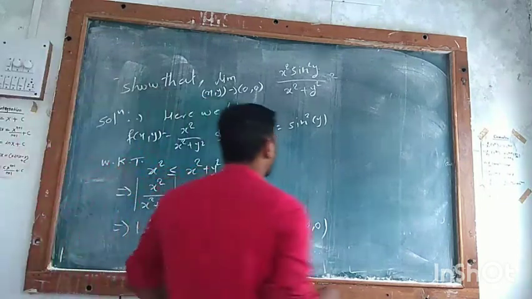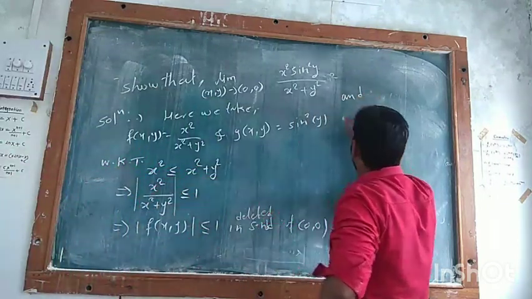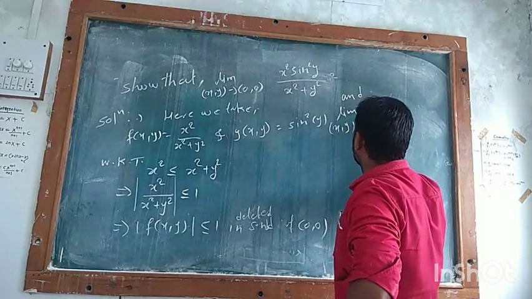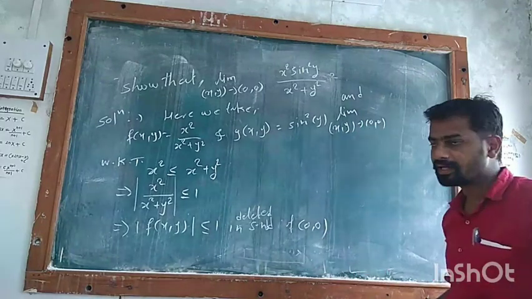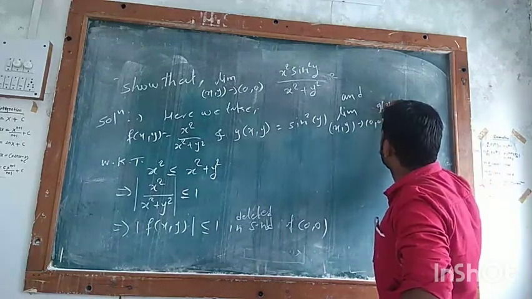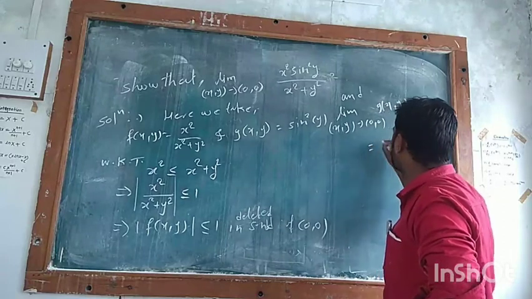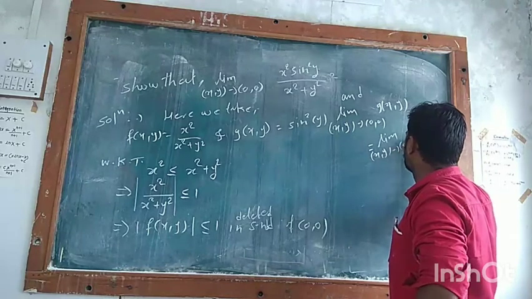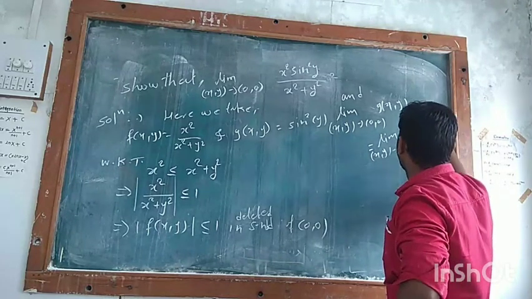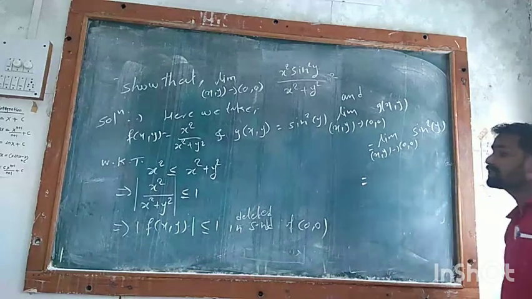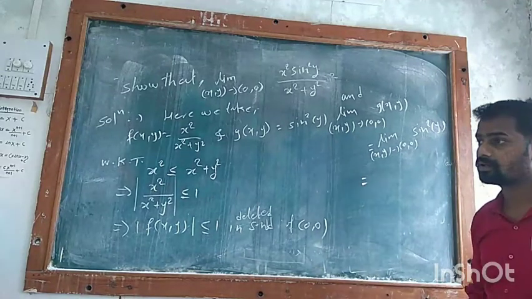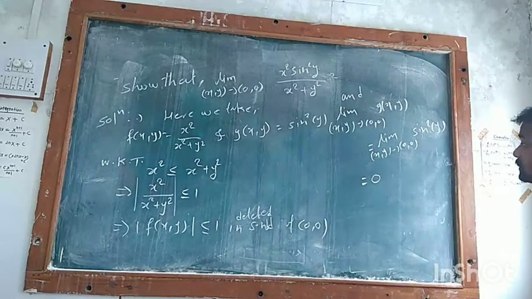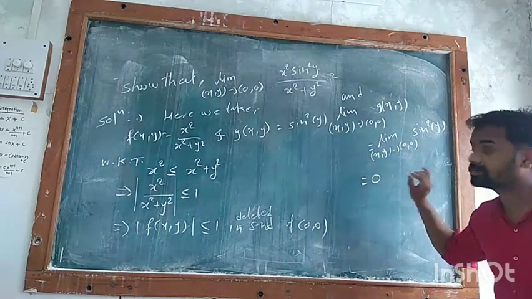Now, you know that limit as xy tends to 0 0 of g of xy is equal to limit of sine square y. If we put in the value of y, then sine 0 is 0. Therefore we get limit as xy tends to 0 0 of g of xy is equal to 0.